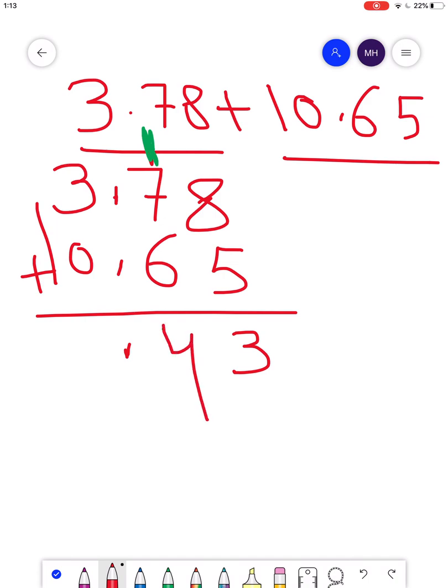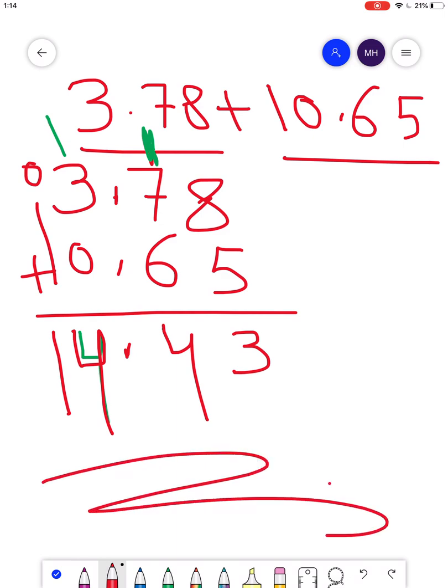Now I put 1 up. 1 plus 3, 4 plus 0 equals 4. And in the tens, there's no tens here, so the answer is 14.43.